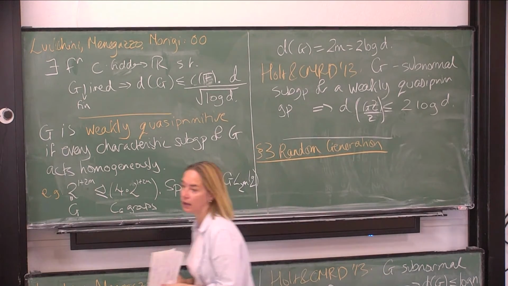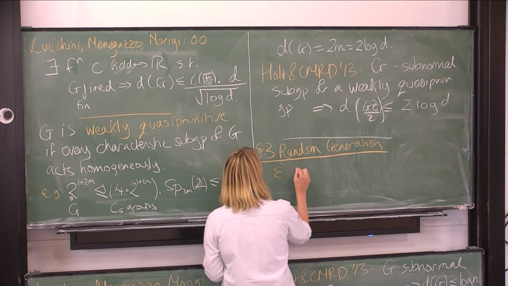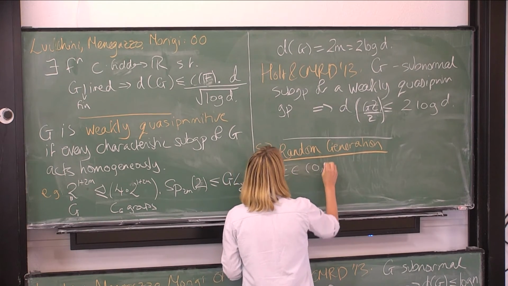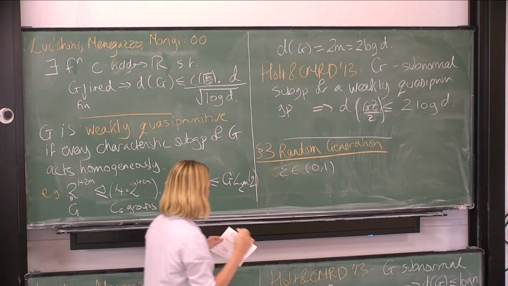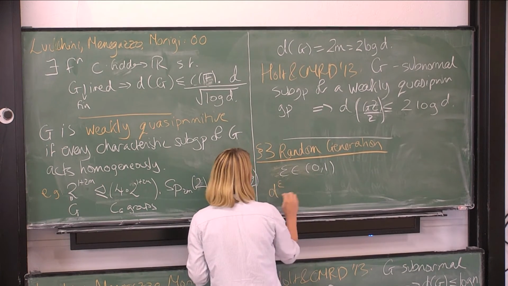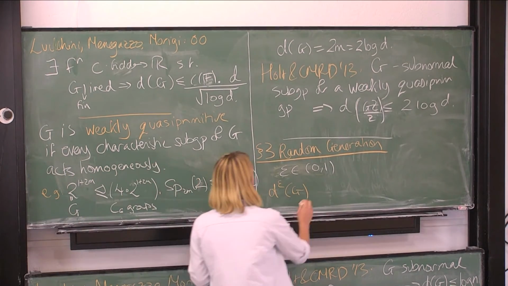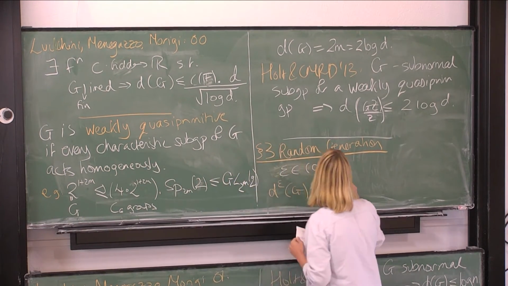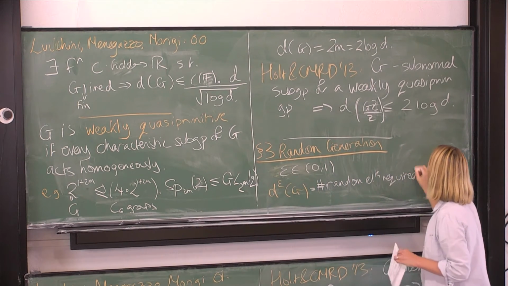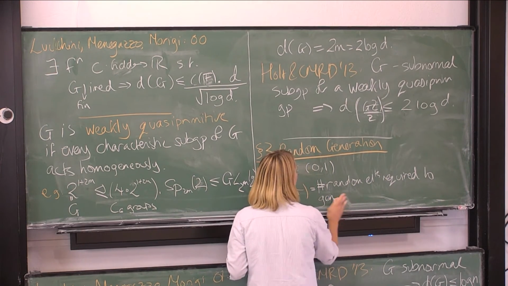So let's give a useful definition in this context, which is to say fix an epsilon somewhere between 0 and 1, neither the one nor the other, and let's define, so this is a bit like a minimal generation, but it's a probabilistic generation, the d epsilon of G to be the number of random elements required to generate G, but you don't know precisely.